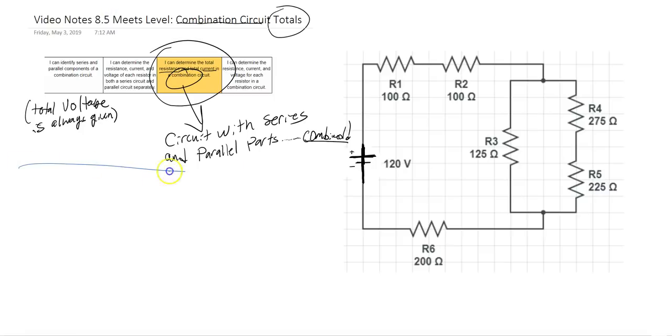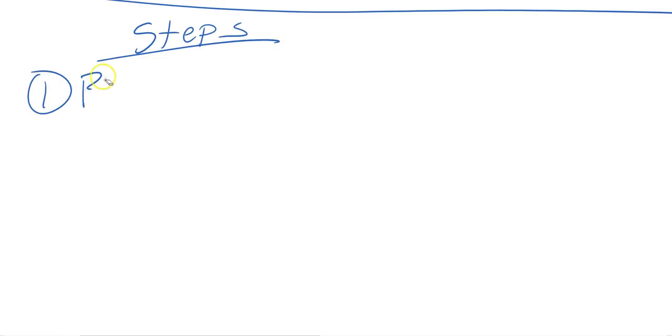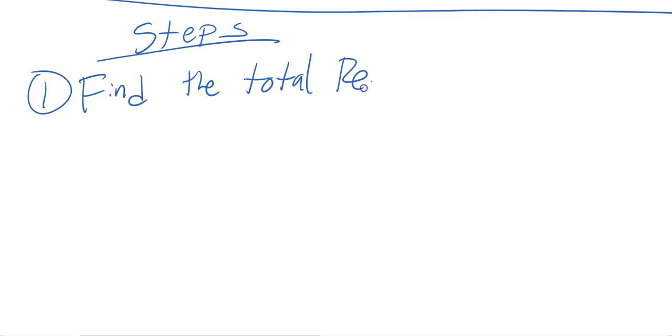So let's talk about the rules, or the steps. Step 1, you're going to find the total resistance, and then there's going to be a 1A, 1B, and 1C.